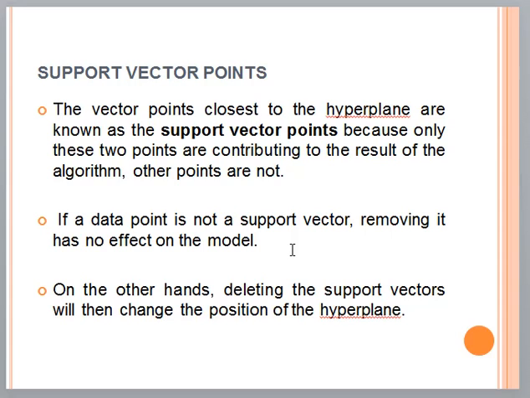Because the support vectors play a role in the decision boundary, if I delete the support vectors, then I will have a difference in the classification, or I will say that my decision boundary will be changed accordingly, because then I will have new support vectors and my decision boundary will be according to those new support vectors.